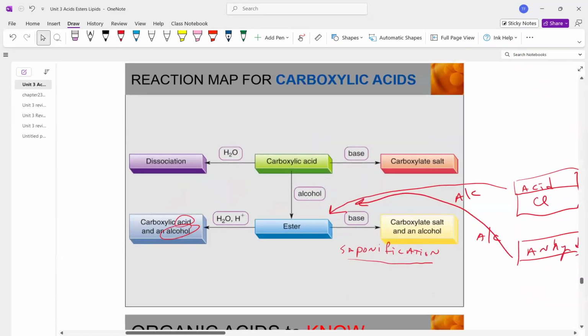Okay, so the flow chart. If you start with a carboxylic acid and add an alcohol, you end up with an ester. You add a base to a carboxylic acid, you end up with the acid salt.